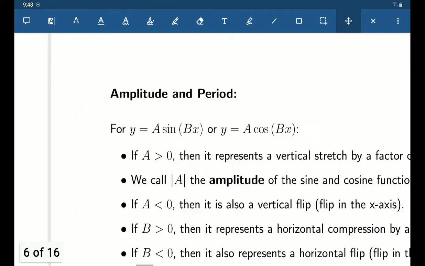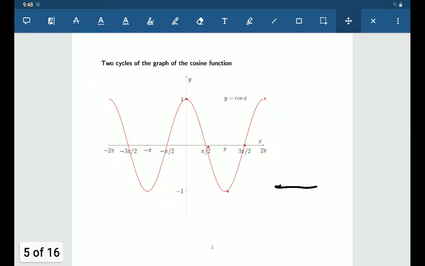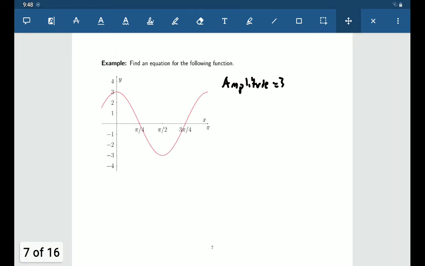Remember that for the original cosine graph, we start off on the positive side for y values and then make our way down to the negative side for y values. So this graph hasn't been reflected in the x-axis. It is just a graph for the cosine function that has been stretched but not flipped. So this will be a cosine function that's multiplied by 3.